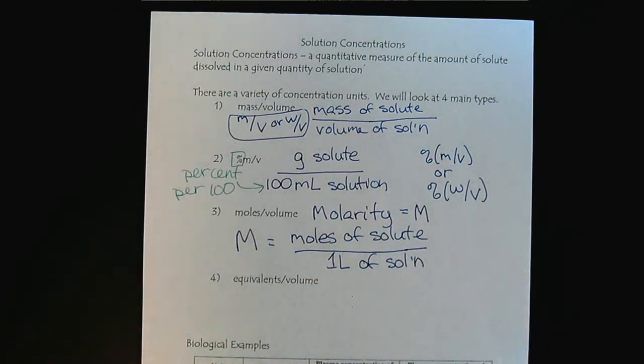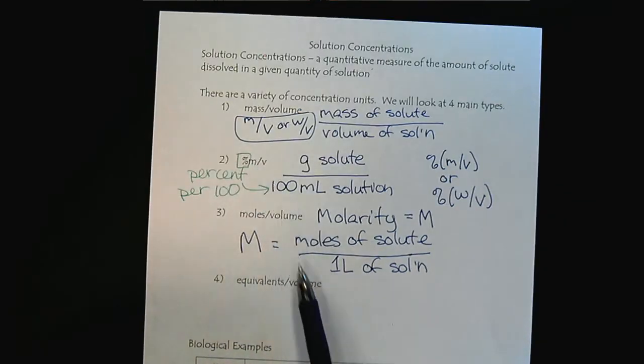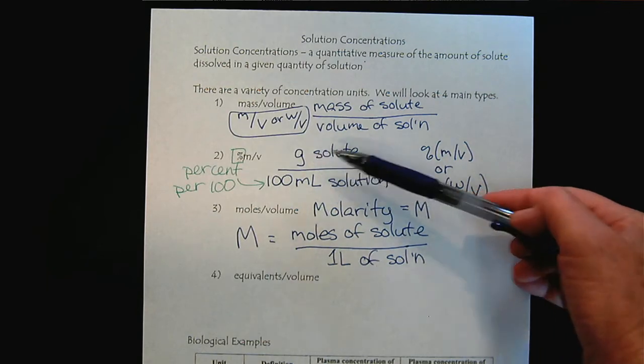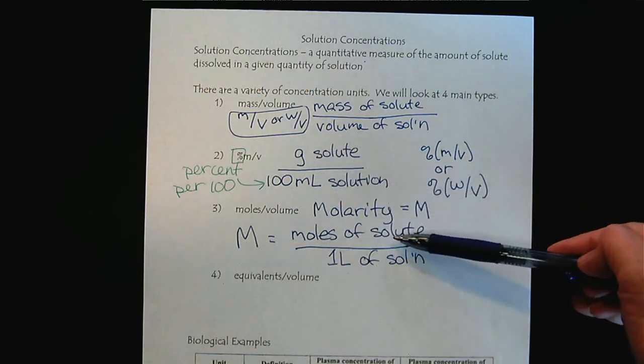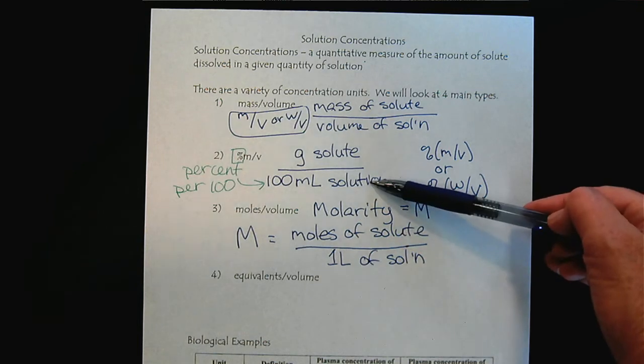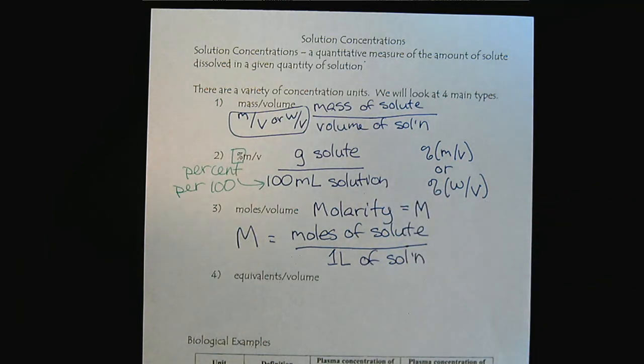So this concentration unit is similar to percent mass over volume in that we have specific units for measuring the solute and then a predetermined volume for the solution. And so it's really important that every time you see an uppercase M, you translate it into moles of solute per liter of solution.